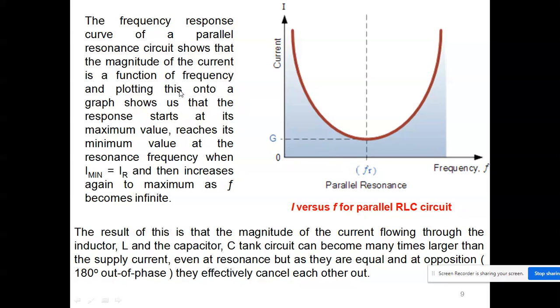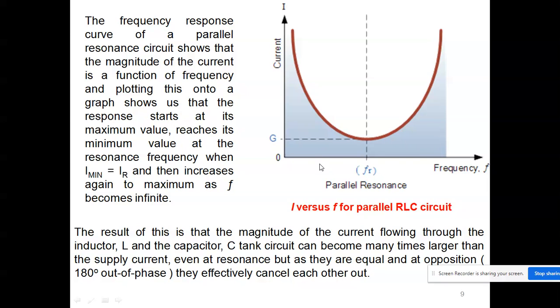The current starts from its maximum value, reaches its minimum value at the resonance frequency, and then increases again towards maximum as f becomes infinity.